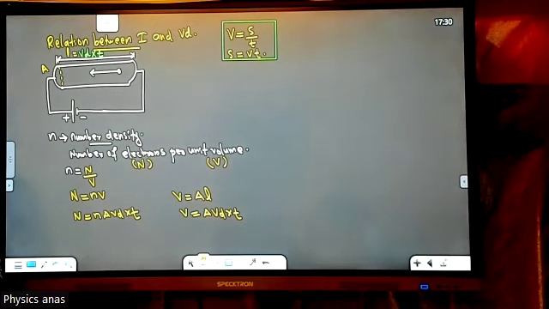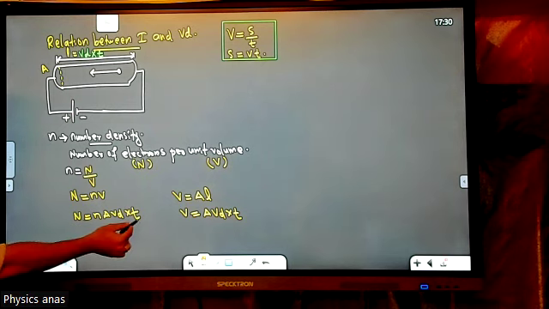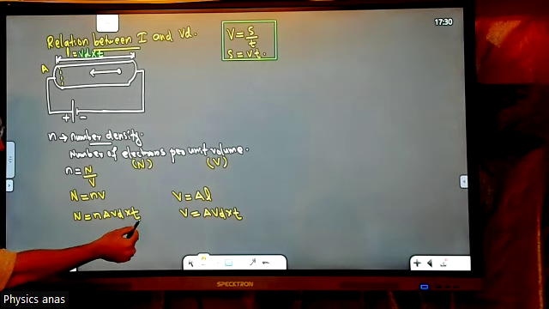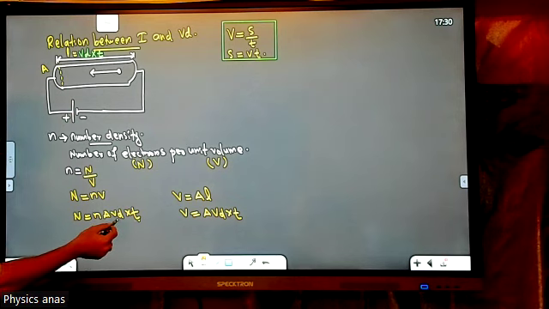So, given the delta, maybe which is this one. This one. No, to the right. This one. So right.